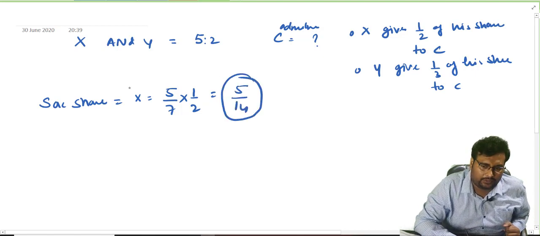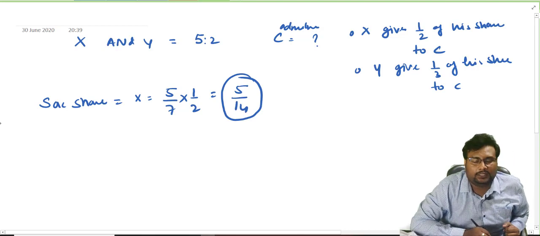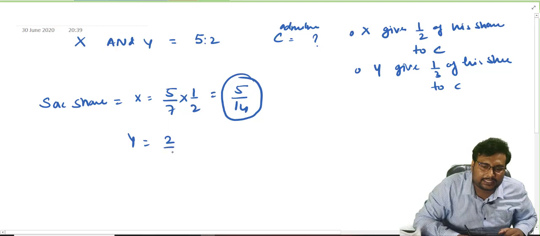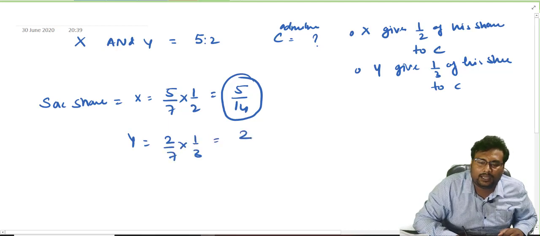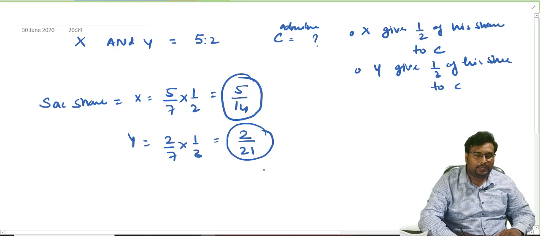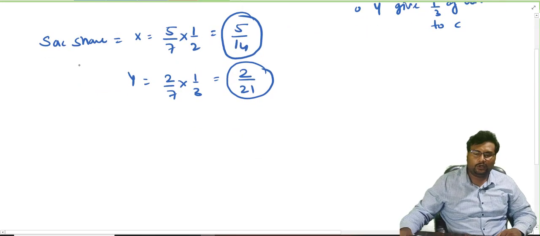So X sacrificed 5/14 to C. And how much did Y sacrifice? Y's share is 2/7 into 1/3, which is 2/21. Y sacrificed 2/21.